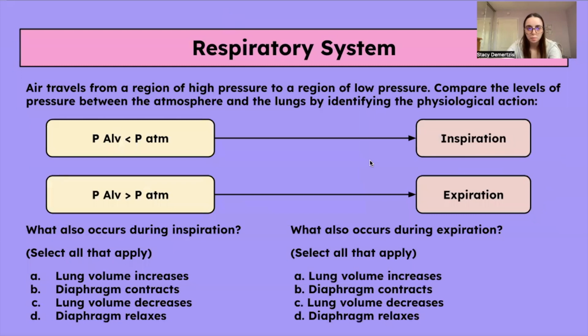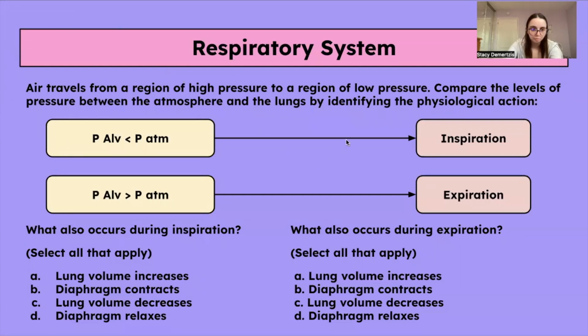As we've been talking about, air travels from a region of high pressure to a region of low pressure. We're going to compare the levels of pressure between the atmosphere and the lungs, and it's going to help us identify the physiological response that's going to occur.